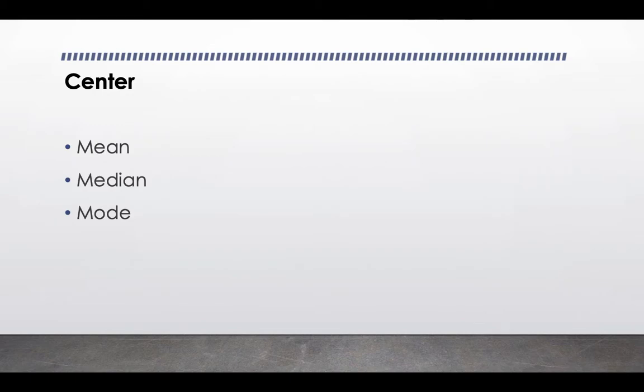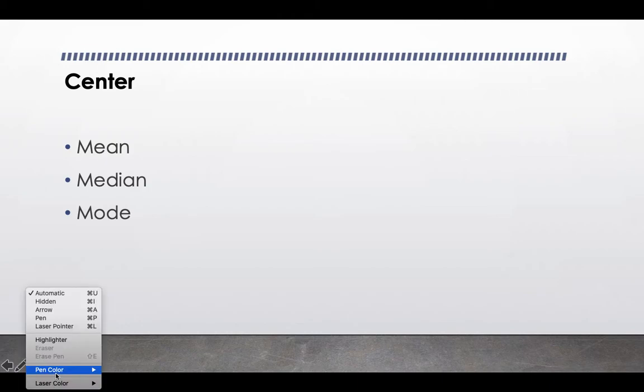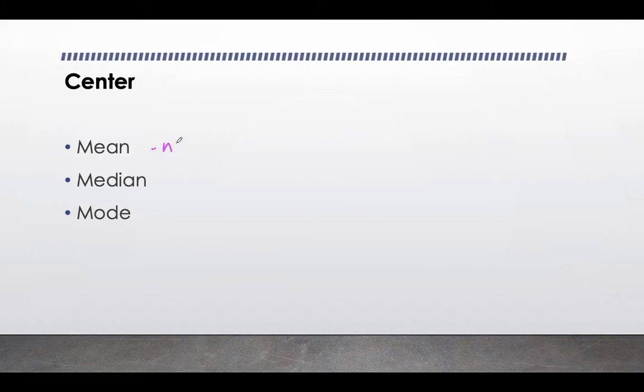To analyze the center of the data, we are typically referring to either the mean, the median, or the mode. If you remember briefly in the video about box and whisker plots, I mentioned that the mean is best when there are no outliers, and the median is best if there are outliers, as long as there are no large gaps in the middle like we just saw in that first example.